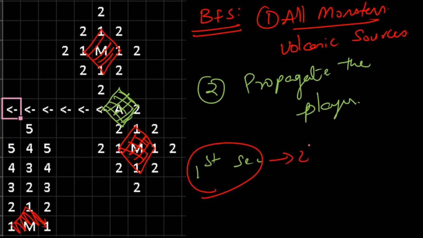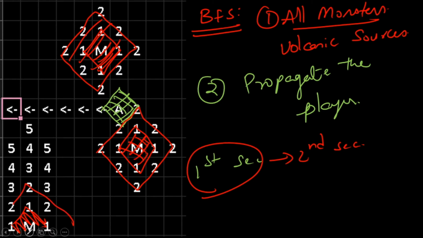Okay, what about the second? In the second, the volcano has reached, or rather sent its lava to all these locations. As you can see, our player is getting squeezed here and is somehow making his way till here. So this is where he'll be in the second.